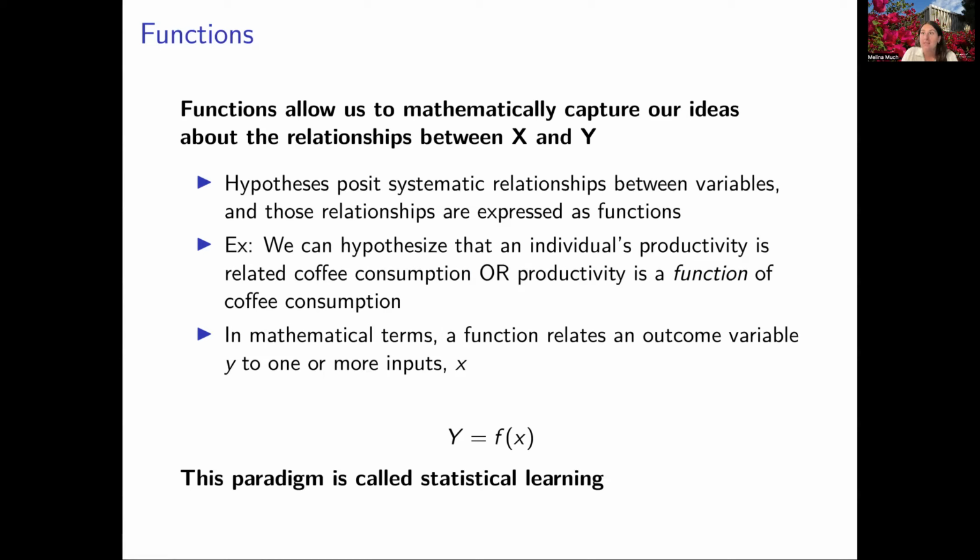We can use this mathematical framework to kick the door open for understanding the functional form of the relationships between the phenomena that we're studying. That paradigm is called statistical learning. It's the framework we use to move forward as we're understanding the functional relationship between X and Y.